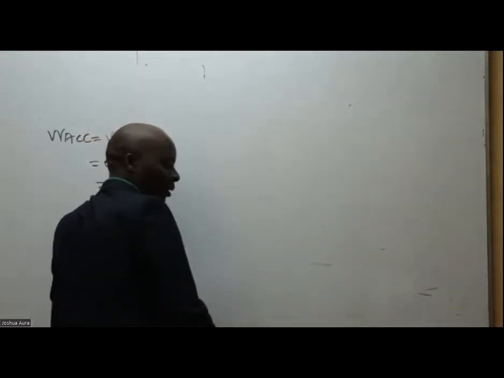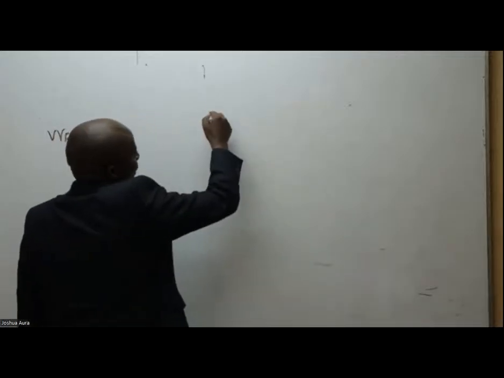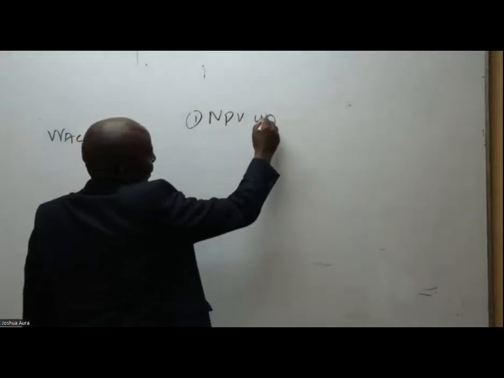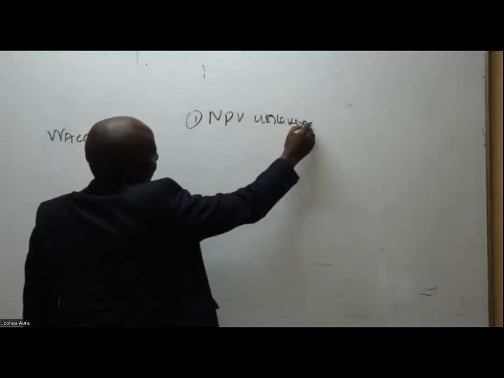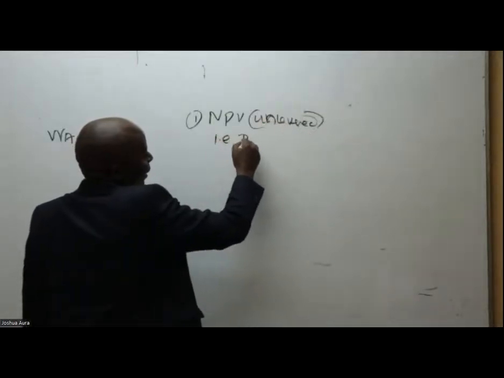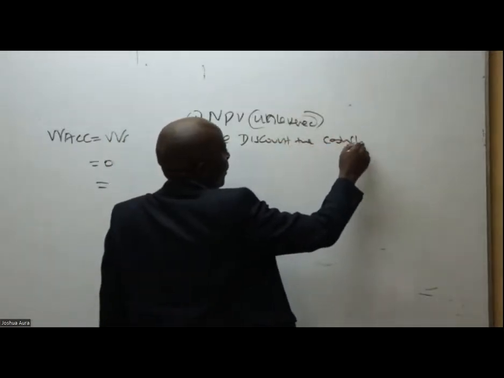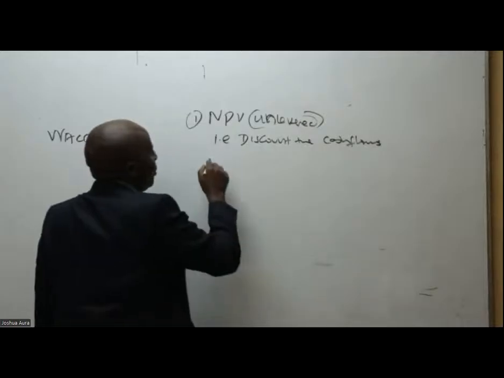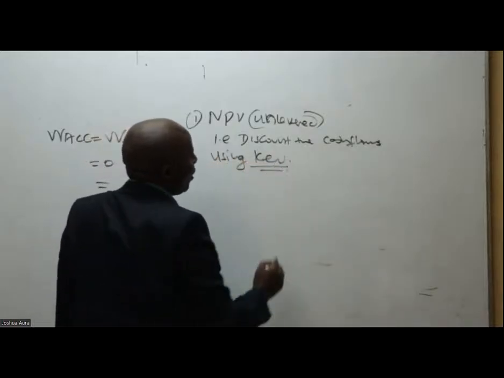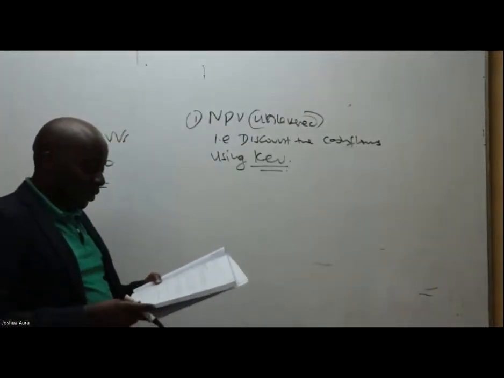The first step number one is to give us NPV unlevered, i.e. discount the cash flows given using the cost of equity of the unlevered firm.